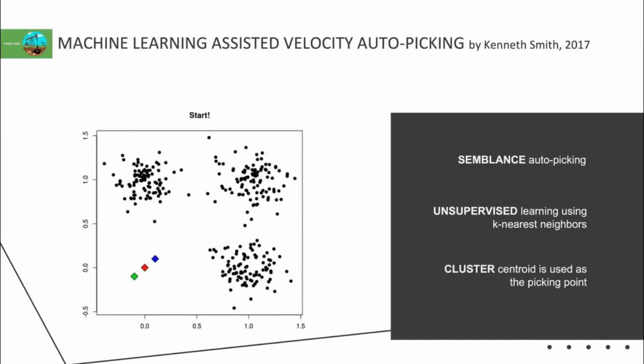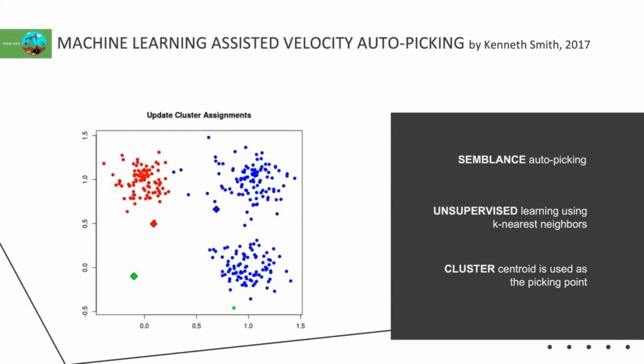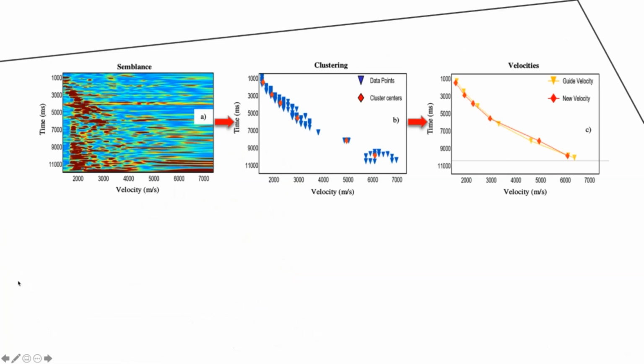So just a fast overview of what we presented 2 weeks ago. We are basing these clustering presentations on this paper, Machine Learning Assisted Velocity Picking by Ken Smith, 2017, where he used k-means for unsupervised learning to do a seismic velocity picking. The idea was that he created the semblance for the velocity and created a guiding velocity.